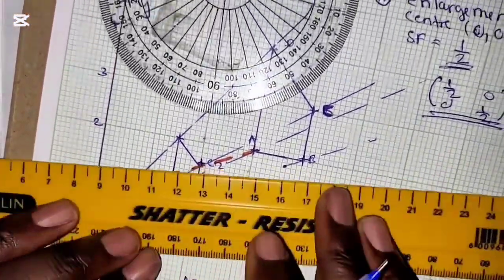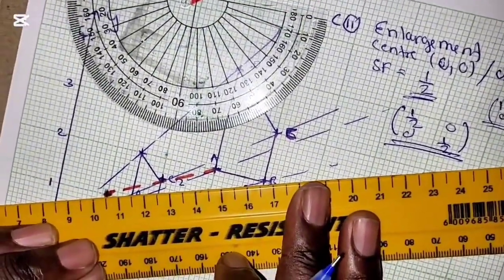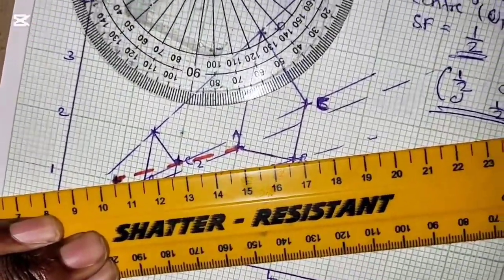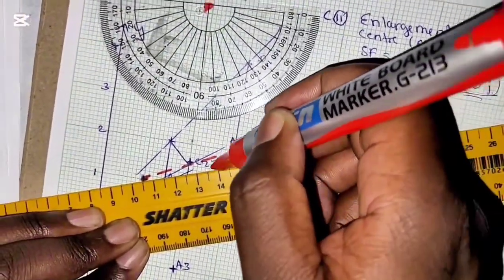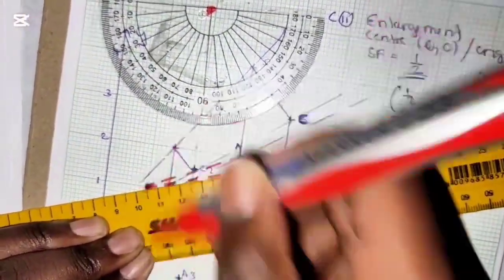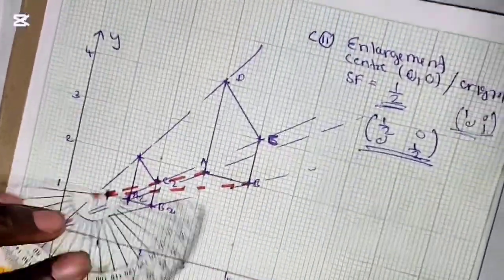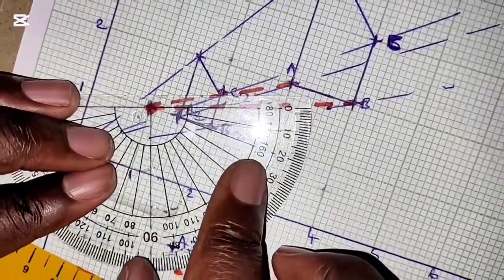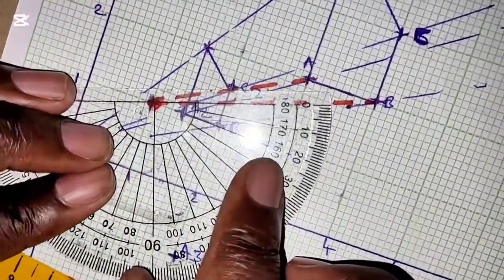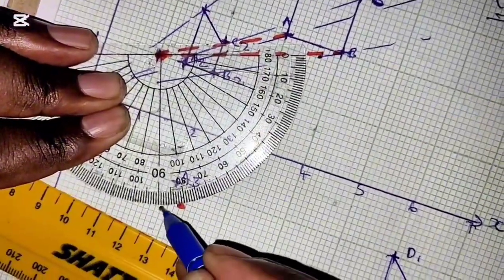Then I'll take another point, which is B, to this center. Okay. Then I'll take my protractor again, then align it from the center to point B. Then 90 is somewhere here.